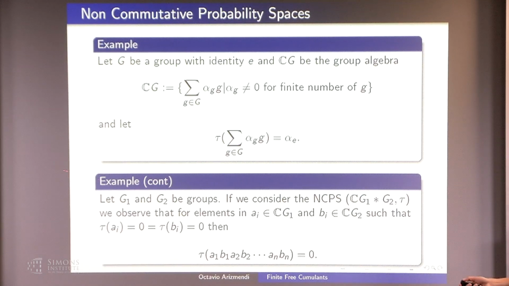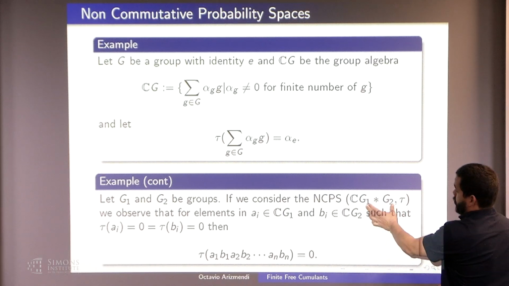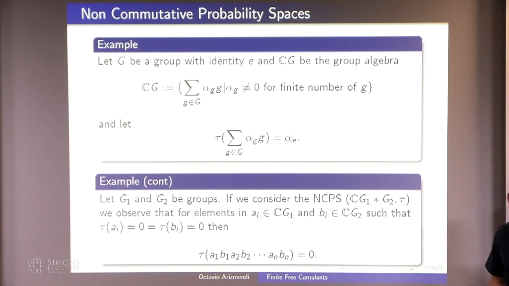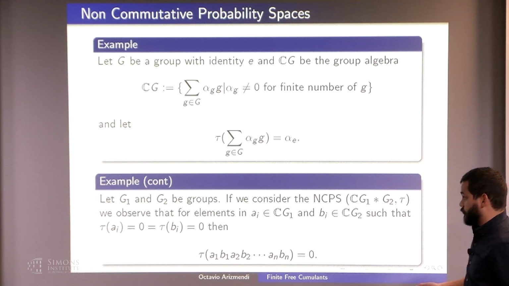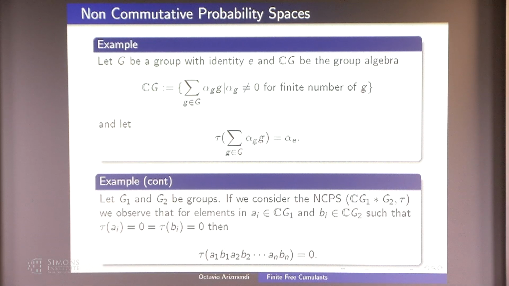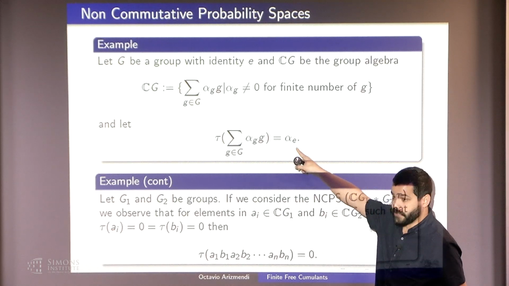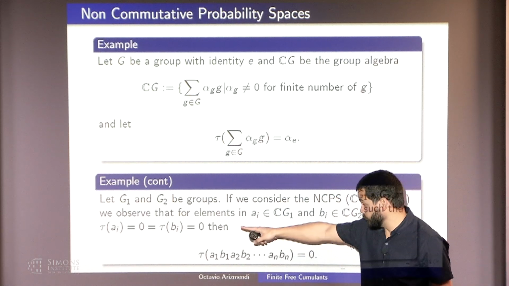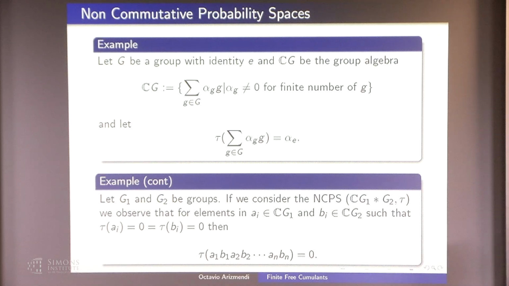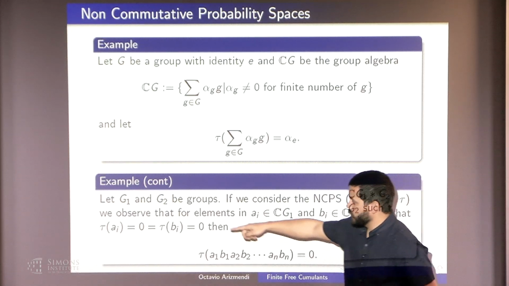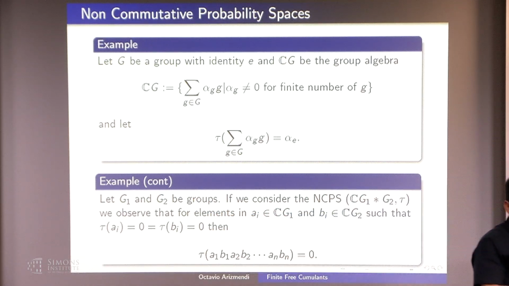Okay, and the important observation is that if I have two groups and I consider the group generated by words on G1 and G2, so I mean the free group generated by G1 and G2, then the linear functional satisfies this property: for any elements in the group algebra that have coefficient 0 on the identity, if I make the product where these A's are in G1 and these B's are in G2, then because there is no relation, there is no way that I can get a coefficient in the identity.